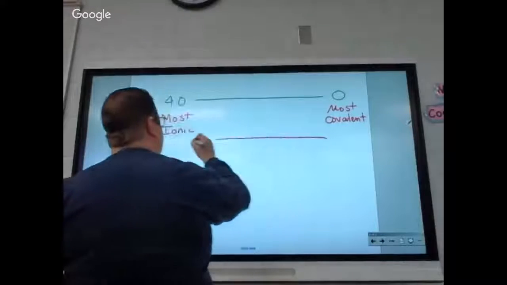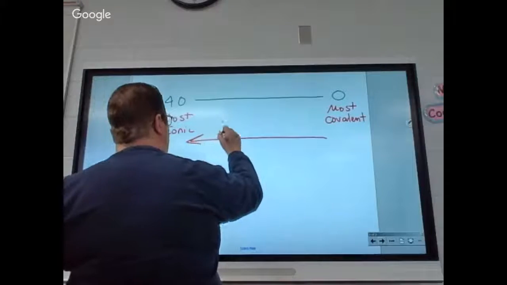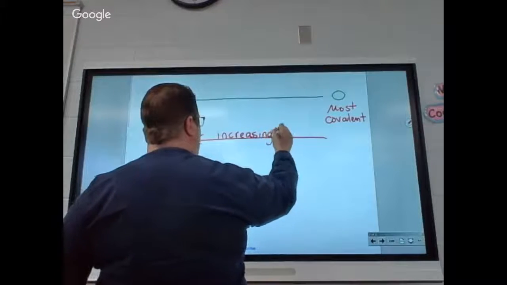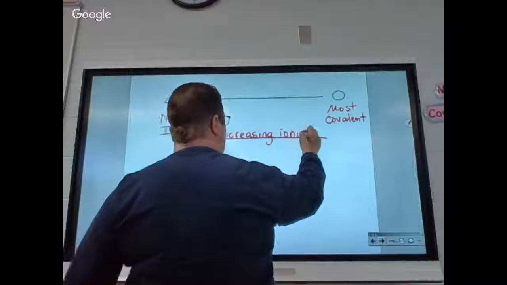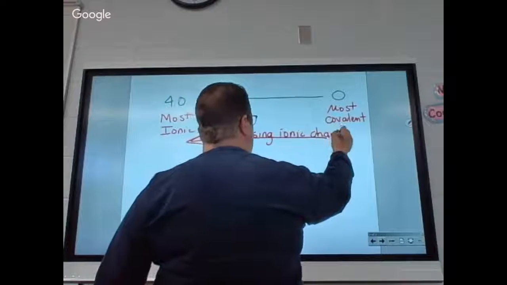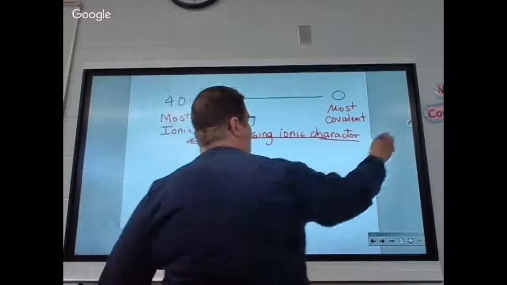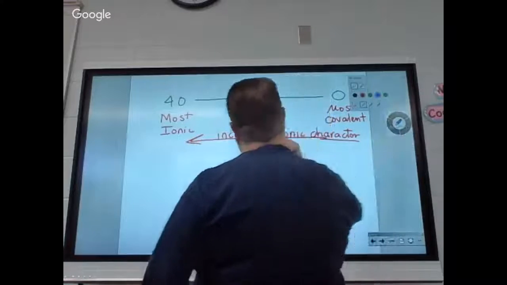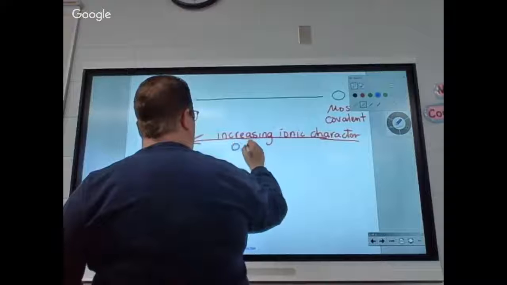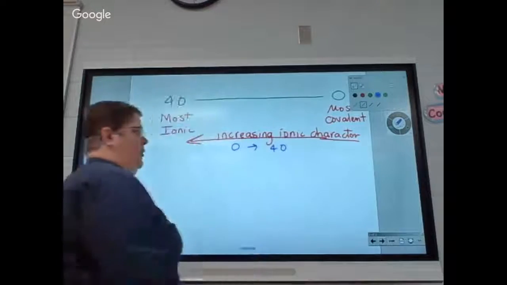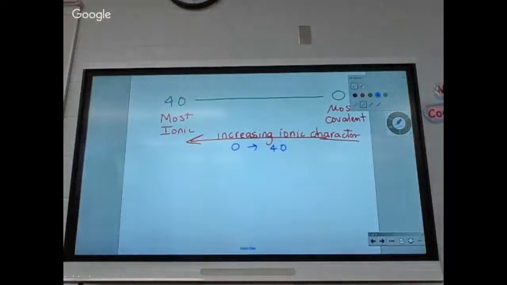So if I go this way, I'm increasing ionic character. So from 0 towards 4.0 is going to be increasing ionic character.